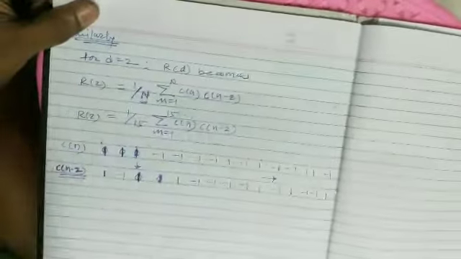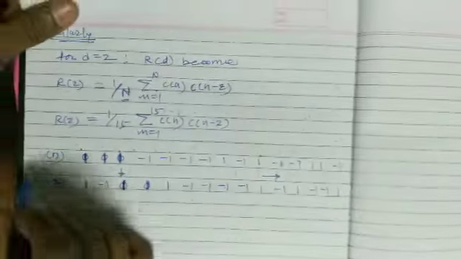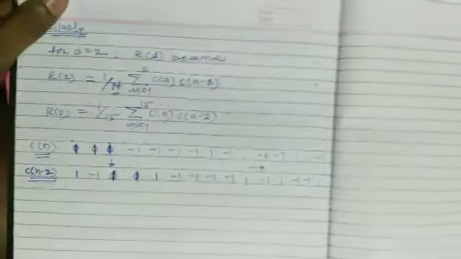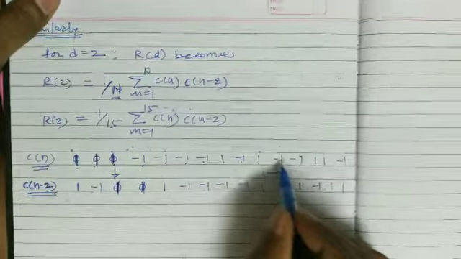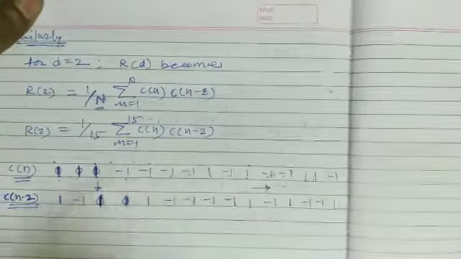If you put the value of the sequence length, that is capital N, the value becomes R of 2 is equal to 1 by 15 summation n is equal to 1 to 15 C of n into C of n minus 2. Now here we will mark the C of n, that is 1 1 1 minus 1 minus 1 minus 1 minus 1, then 1 minus 1 1 minus 1 minus 1 1 1 minus 1.